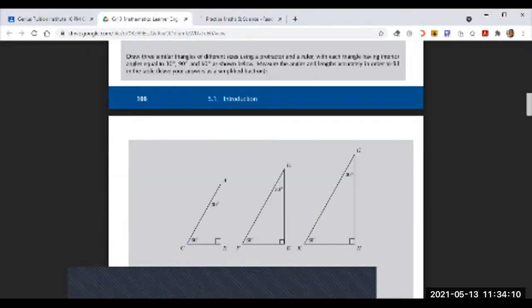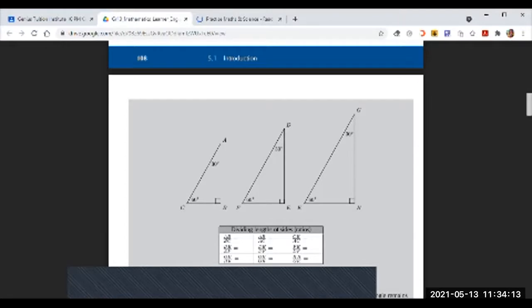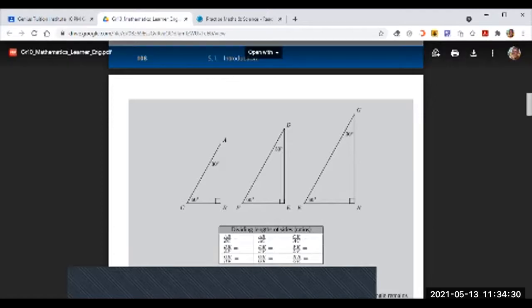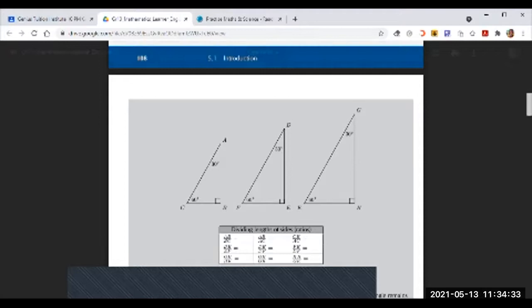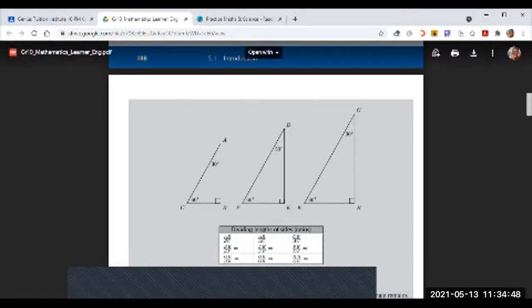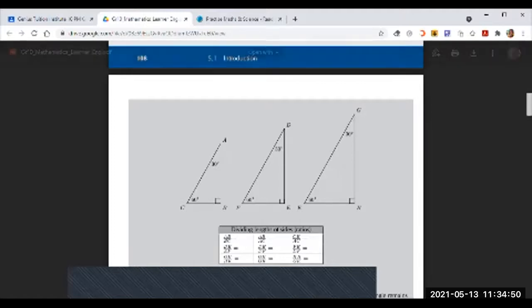Now, let us look at this. Triangles ABC, DEF, GHK. Look at these triangles. Angle A is equal to angle D and is equal to angle G. Angle C is equal to angle F and is also equal to angle K. Whereas angle B is equal to angle E and angle H. Now, if the corresponding angles are equal, then the triangles are said to be equiangular.